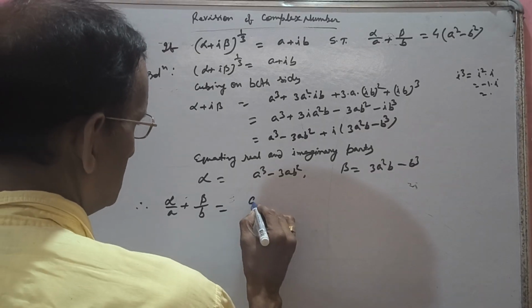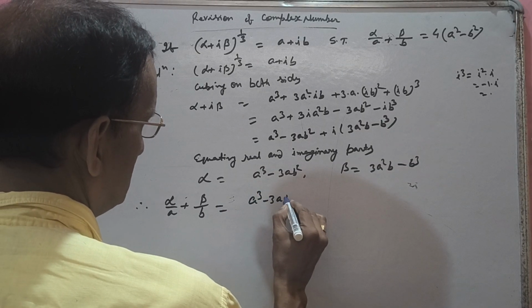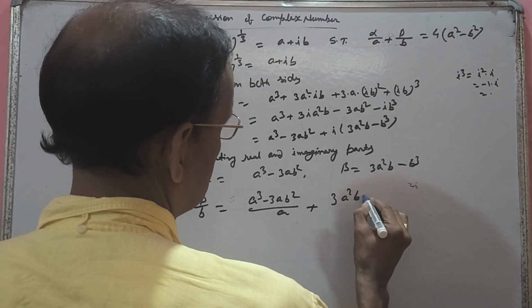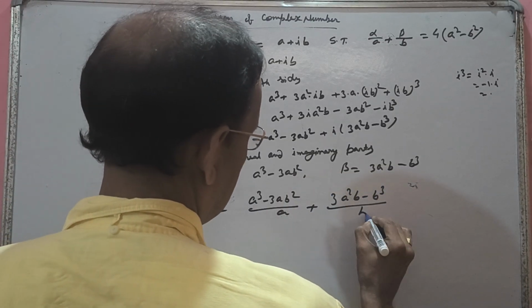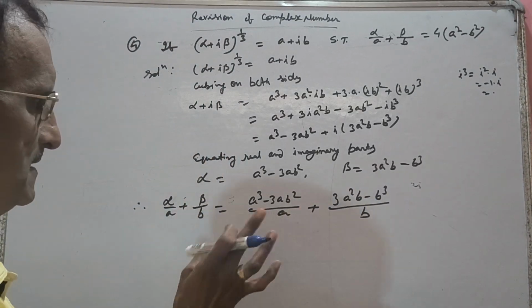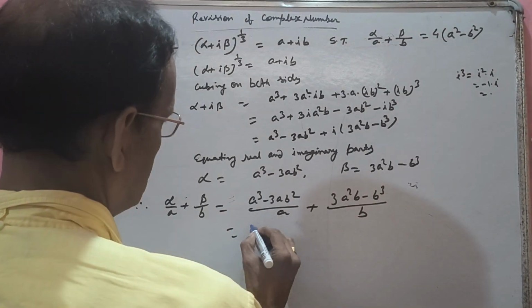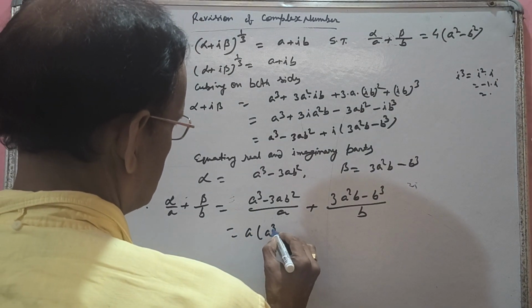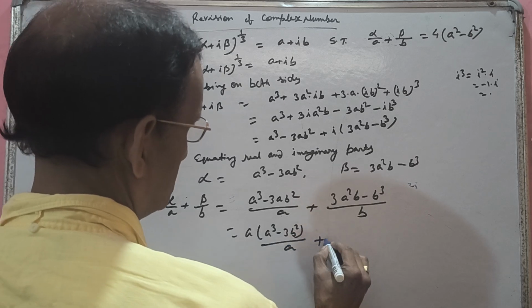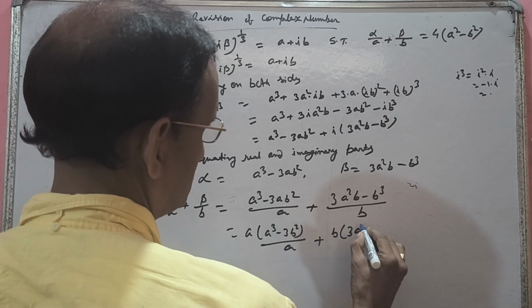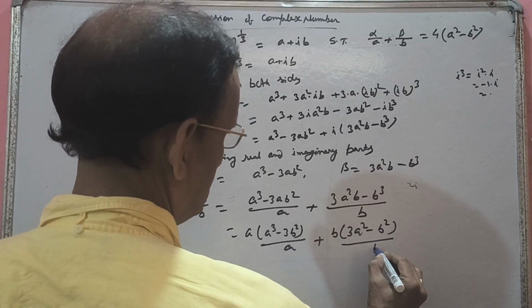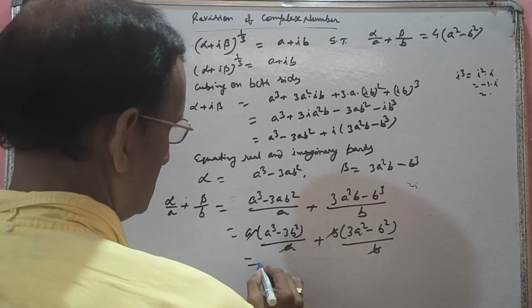What is the alpha value? a cube minus 3ab square by a, plus what is the beta value? 3a square b minus b cube by b. Value of alpha by a and beta by b. Then a is common. What we will get? a square minus 3b square by a, plus b is common. What we will get? 3a square minus b square by b. So b and a cancel.